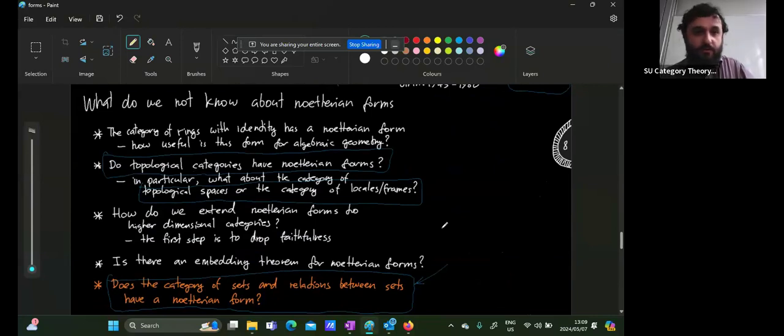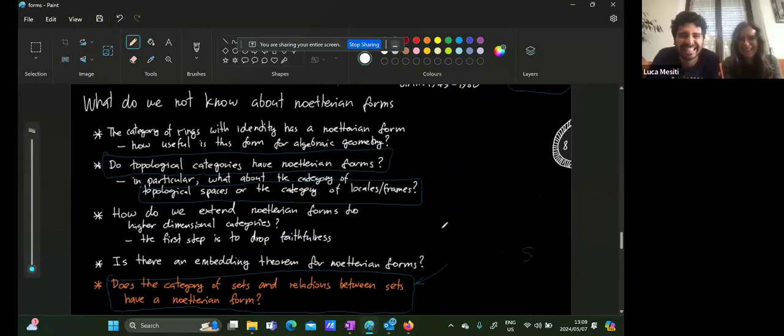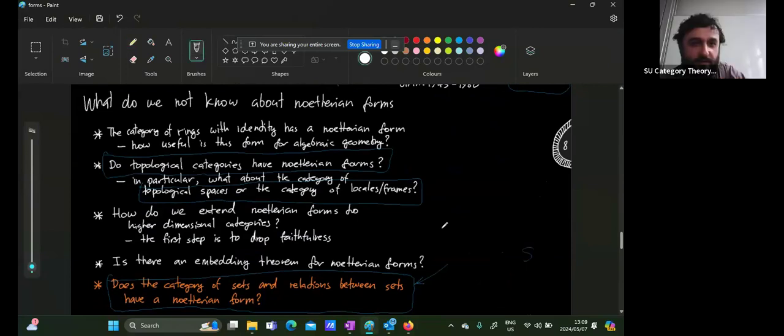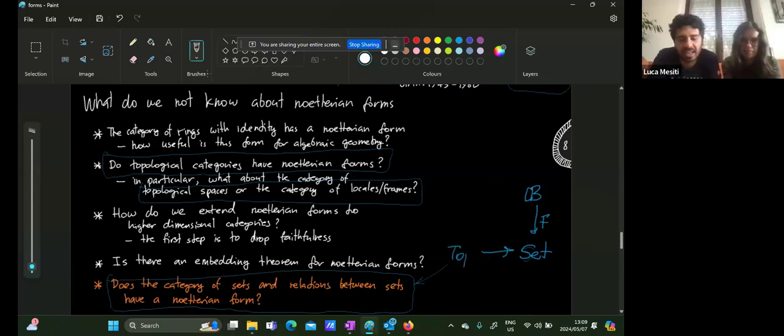So thanks to Francois van Niekerk, I can answer your question because he has a theorem from which the answer follows. So if you take the category of sets and you have a Noetherian form over it, and you want to pull back along a topological functor. Yes.